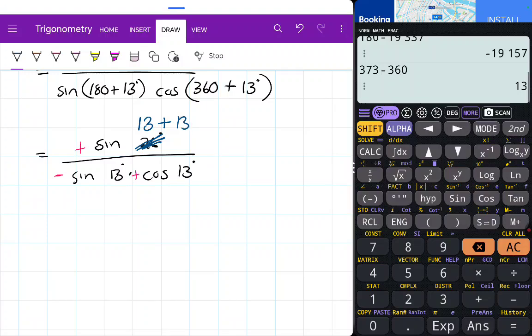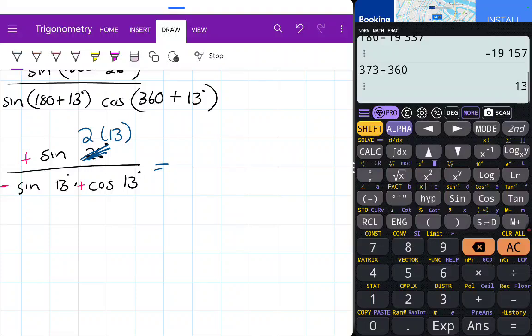That would be one option, but the other option would be to say 2 times 13, 2A. All of a sudden, I know that sine of 2A is equal to 2 sine A cos A.